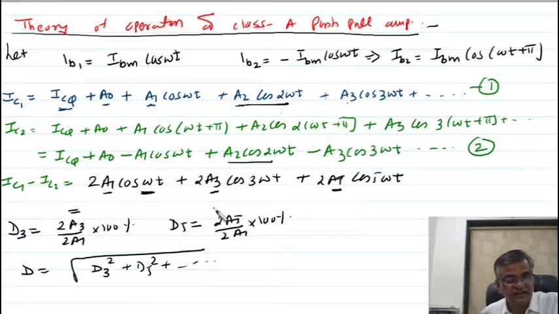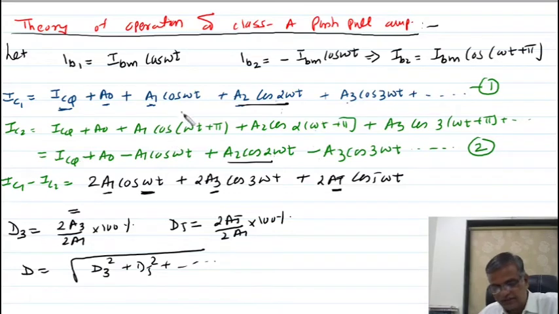So you can adjust the load, but this is cancelled provided both the transistors should be a matched pair. Identical transistors should be used, so you can get very good result. Now one more benefit.